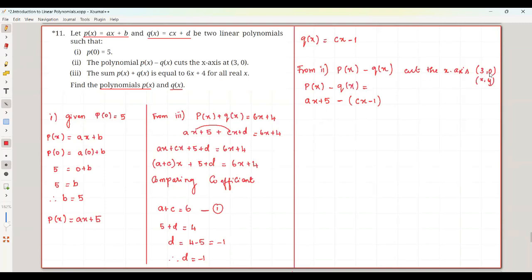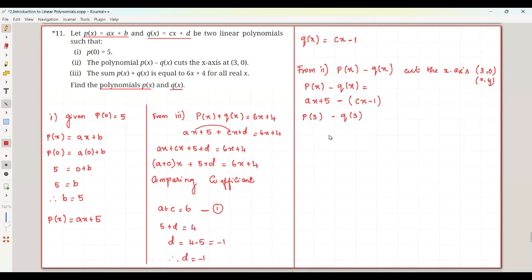Now it cuts at 3 comma 0. That means x value is 3, we have to substitute. p of 3 minus q of 3 we have to find out. Wherever x is coming, just substitute 3.